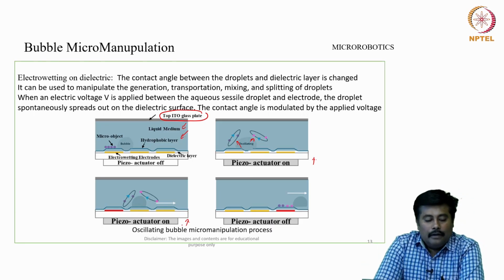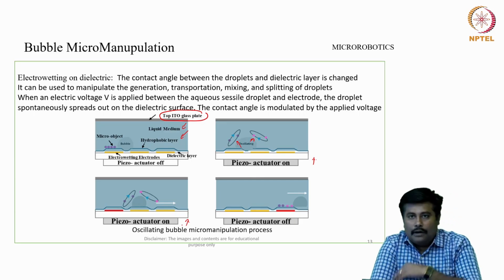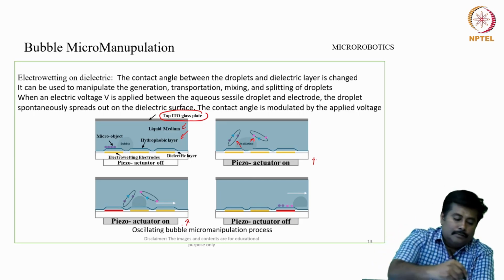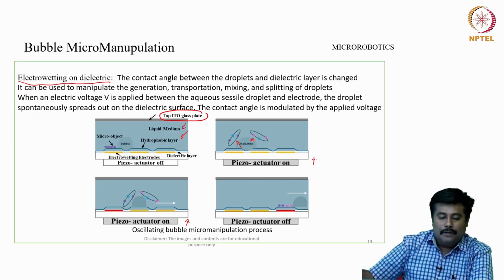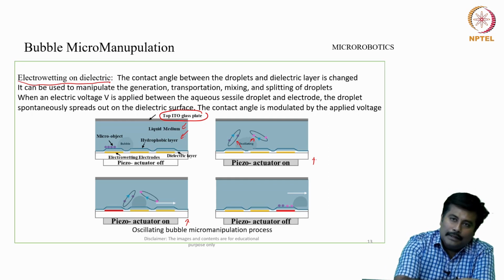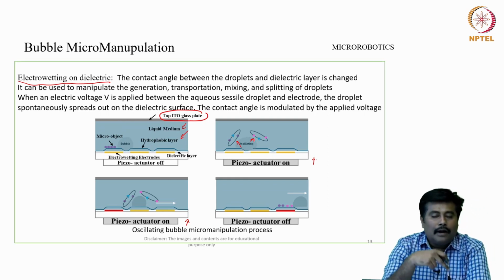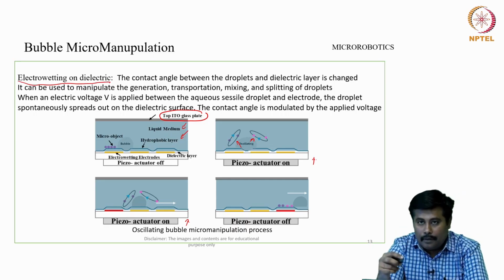So, the principle behind this electrowetting on dielectric system is that even though a bubble is generated, the mechanism of proper manipulation is decided by this particular mode, electrowetting on dielectric. The contact angle between the droplet and the dielectric layer is changed.